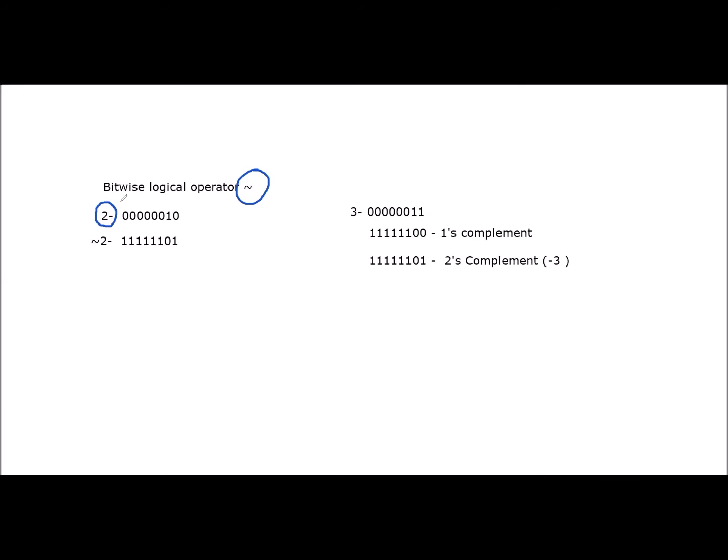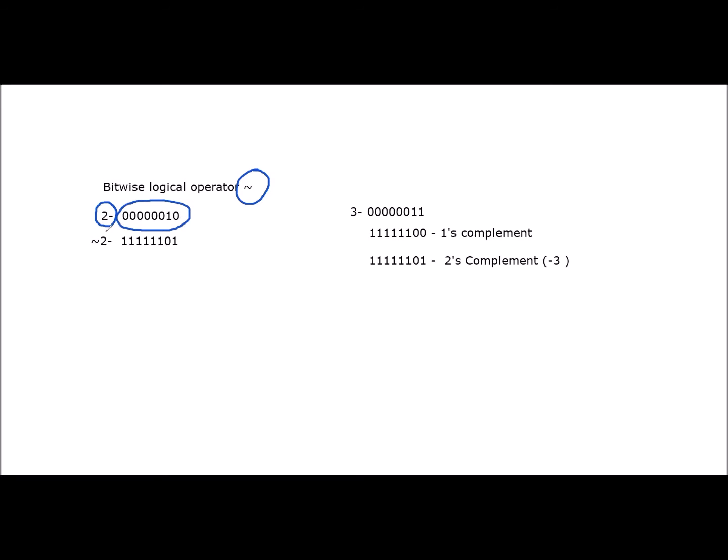So what is the binary equivalent of 2? I am representing it using at least 1 byte. In 1 byte we have 8 bits. I am representing this 2 using 8 bits: 0, 0, 0, 0 and so on, 1, 0.